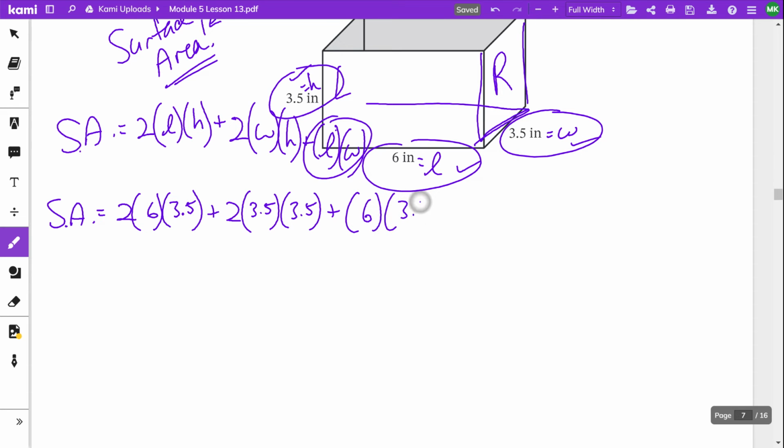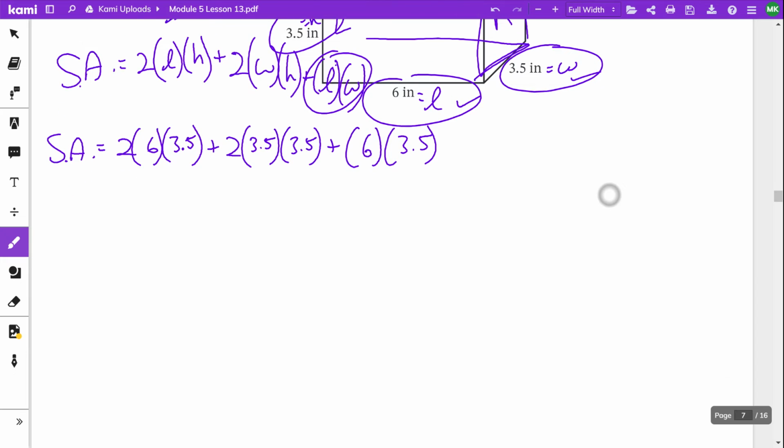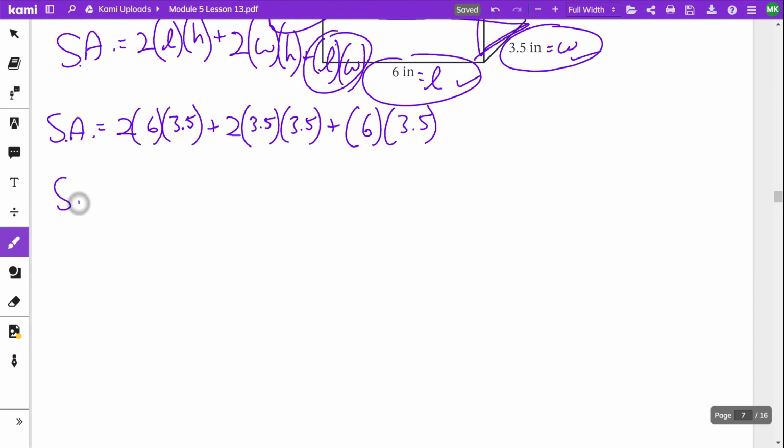6 times 3.5. Okay, so that should do it for me, as long as I don't mess up my calculations. So let's see, 2 times 3.5 is 7, and then 7 times 6 is 42. Let me try the other again. I have a 7 there, times 3.5.